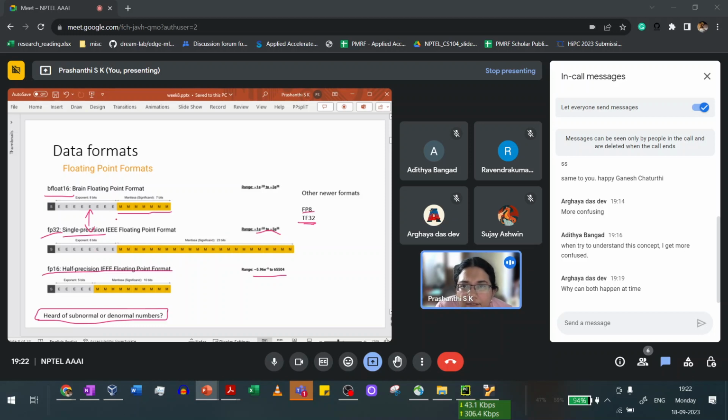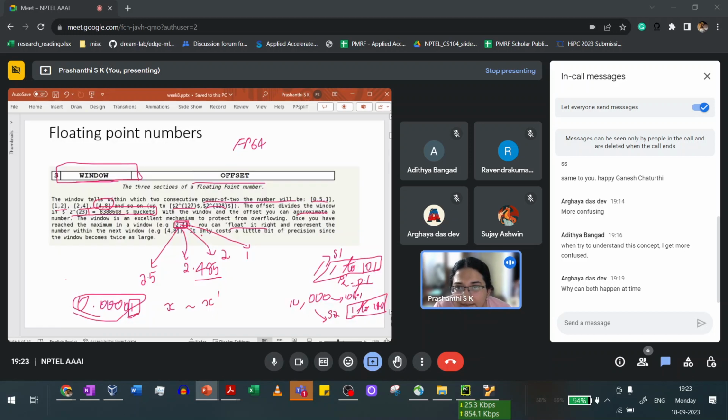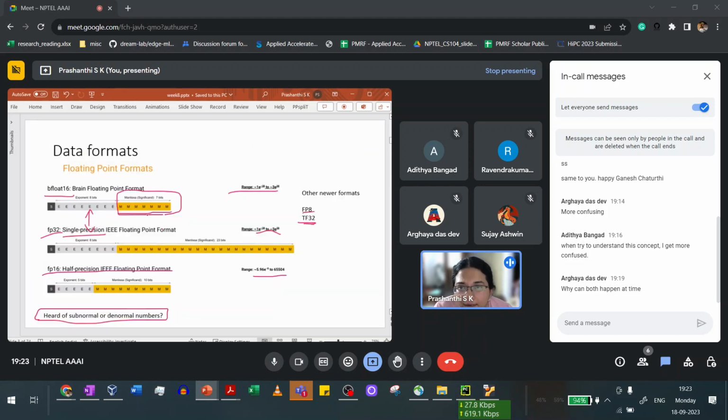So the range remains the same, but the precision comes down a lot, because remember we spoke about this bucket and how many buckets would be there in one window. That number of buckets in a window is reduced, because now it's 2 power 7 instead of 2 power 23. Therefore, this one gives you the same range as FP32 but lesser precision.